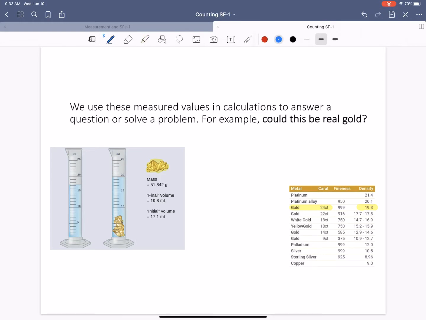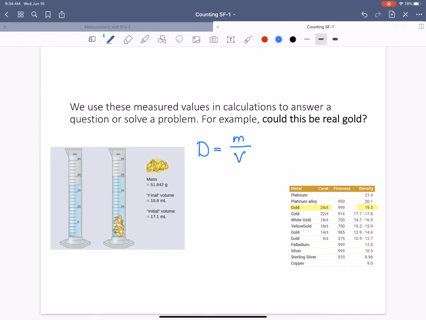So if we could come up with the mass of the gold, and then because it's an irregularly shaped object, we would find the volume by displacing water. If we have the mass and the volume of the same sample, we could come up with the density.